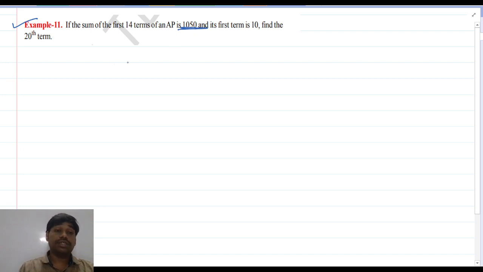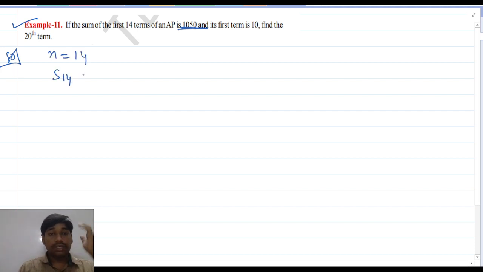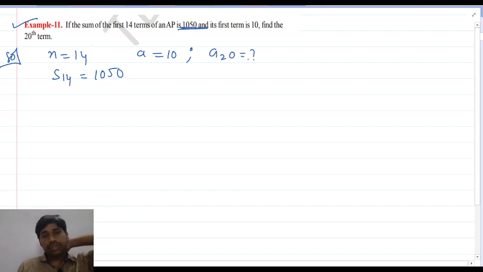Find the 20th term. So if you see given data, write it. So number of terms is 14, whose sum is nothing but 1050. First term is given that 10, then find 20th term. If you want to know 20th term, as we know first term, okay, but common difference is not there, so we cannot able to find 20th term.